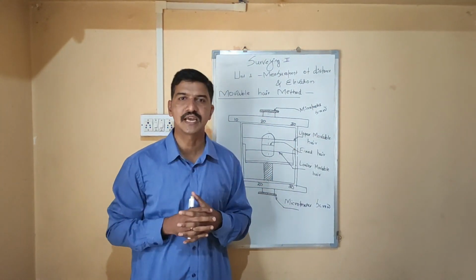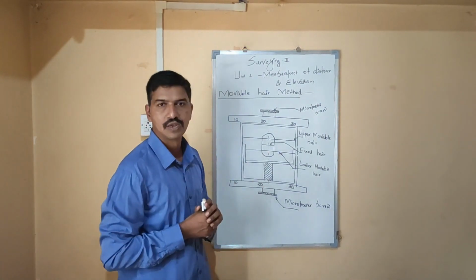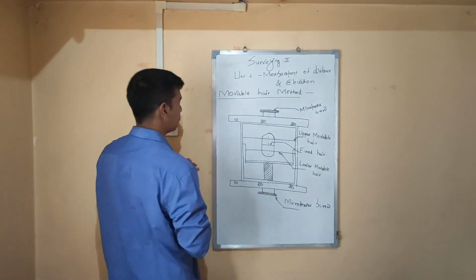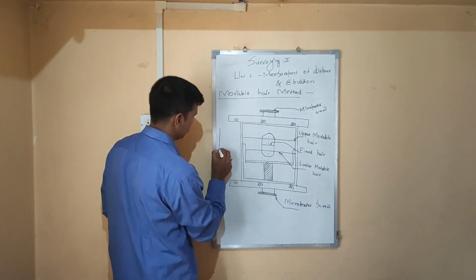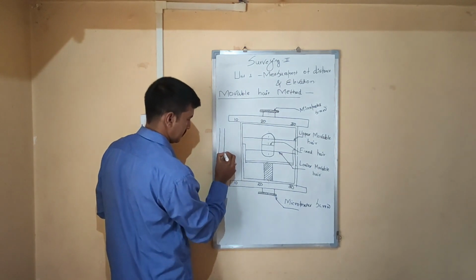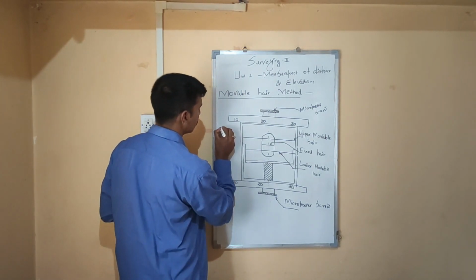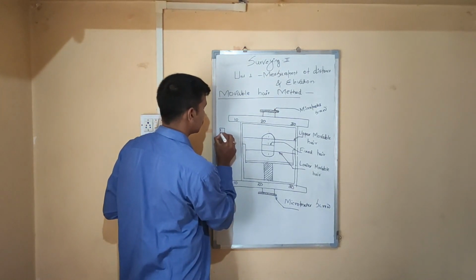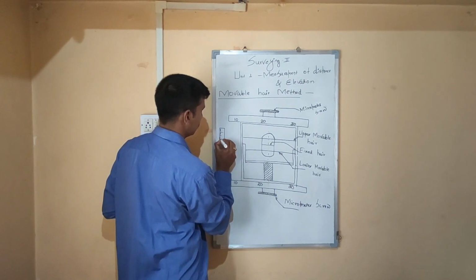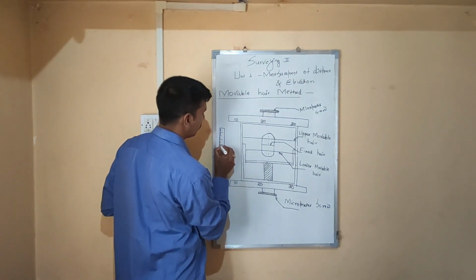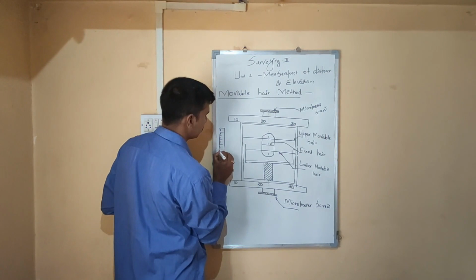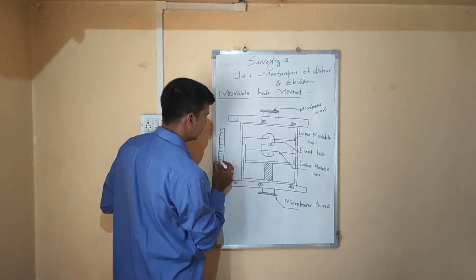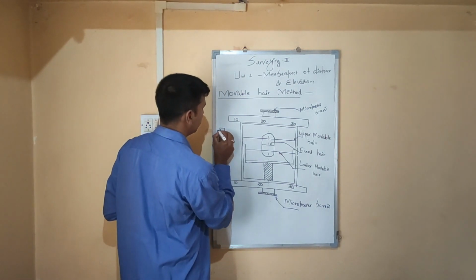A special type of staff is used for this movable hair method. How does it look? Suppose I draw a simple sketch of a staff where the targets or the staff intercepts are fixed. Say these are the graduations on the staff. Roughly I am drawing it, and on this staff there are two targets which are fixed, and the central one is exactly midway between the two targets.